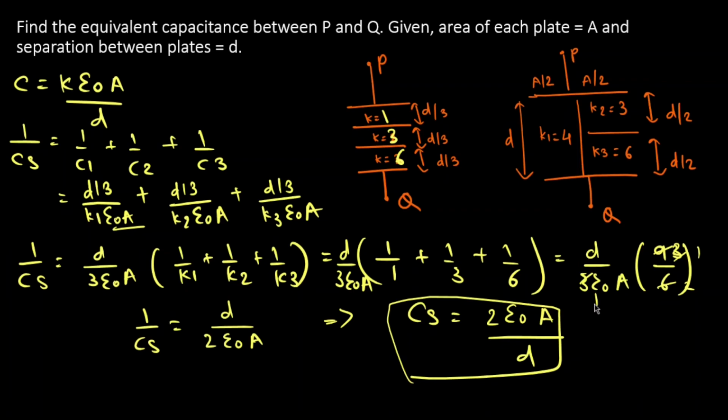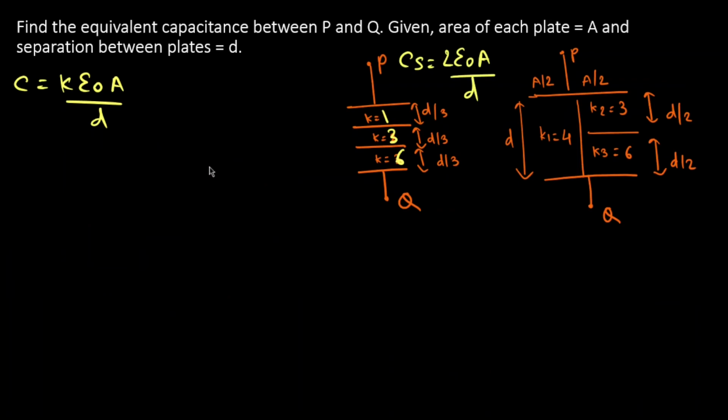Now let's see the second case. In the second case, these two capacitors are in series, and their equivalent capacitance is in parallel with this other capacitor. First, let's calculate the equivalent capacitance for these two capacitors.